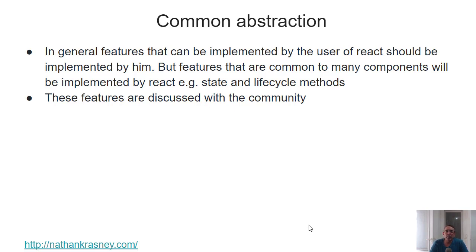A good example may be state or lifecycle. These features are discussed with the community, and React decides based on this and based on their internal development of React at Facebook on this common feature.